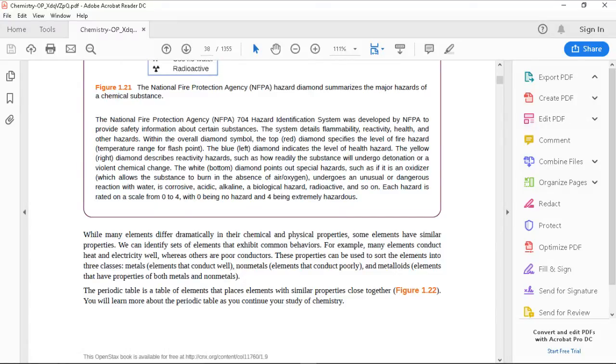The white bottom diamond points out specific hazards, such as if it is an oxidizer, which allows the substance to burn in the absence of air or oxygen, undergoes an unusual or dangerous reaction with water, is corrosive, acidic, alkaline, a biological hazard, radioactive, and so on. Each hazard is rated on a scale from 0 to 4, with 0 being no hazard and 4 being extremely hazardous.